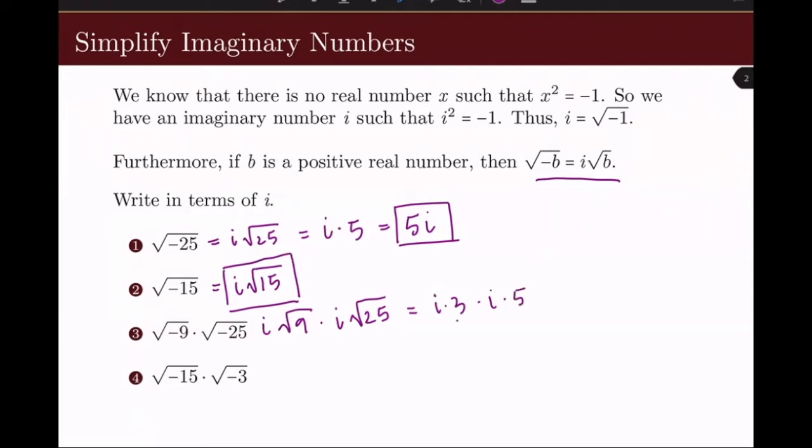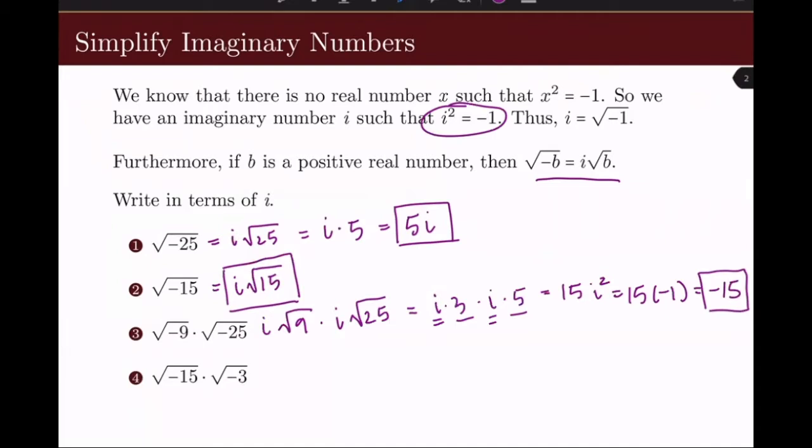Now I'm going to multiply these two numbers together. So it's going to be 15 times, and then i times i is just i squared. This is not the simplest form though, since i squared is equal to -1. That means this is equal to 15 times -1, which is just -15.